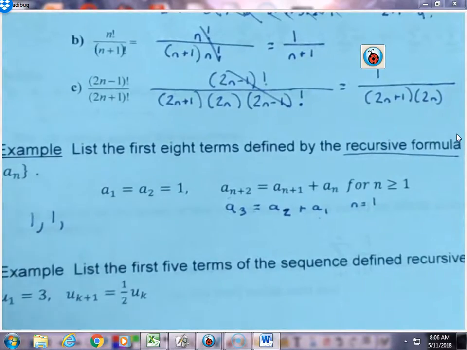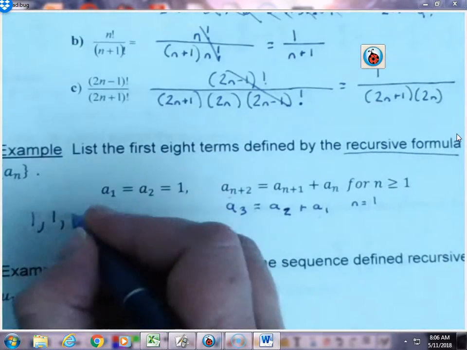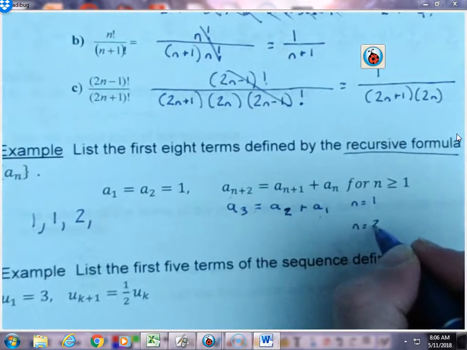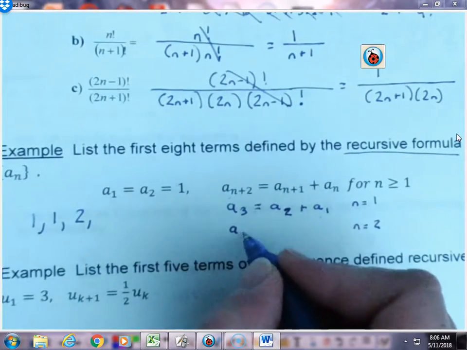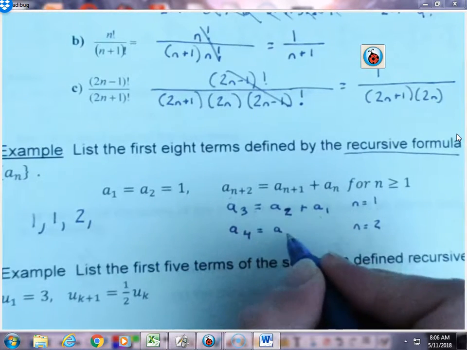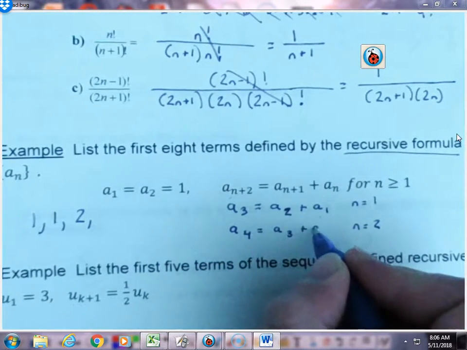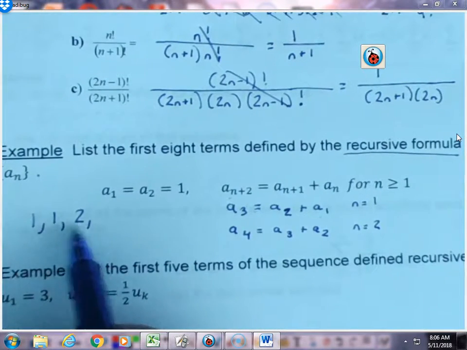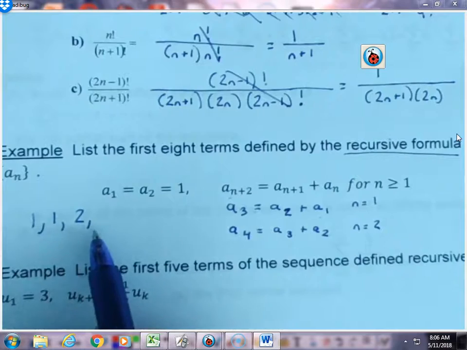So add these two, what do you get? Okay, so we got that one. Now if I let n be 2, then I would have a sub 4 equals a sub 3 plus a sub 2. To get the fourth, I'm supposed to add the second and the third. So what do I get?